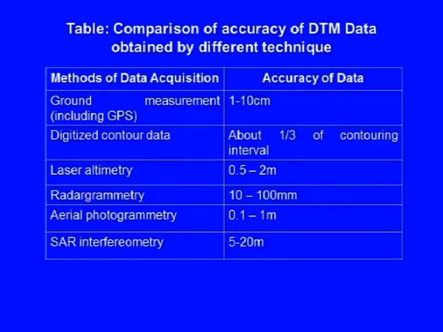For laser altimetry, it is between 0.5 to 2 meters, radargrammetry between 10 to 100 millimeters. In aerial photogrammetry, it is between 0.1 to 1 meters, and through SAR interferometry, it is between 5 to 20 meters.